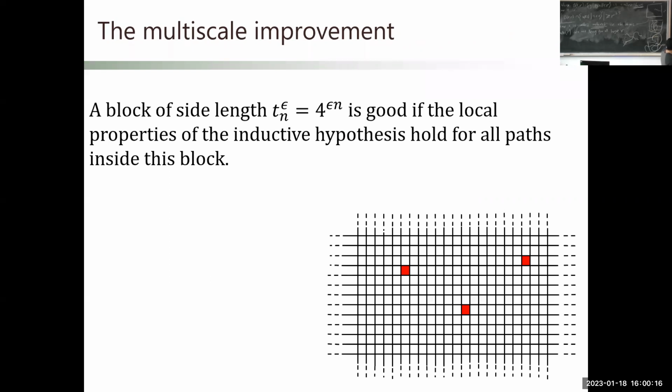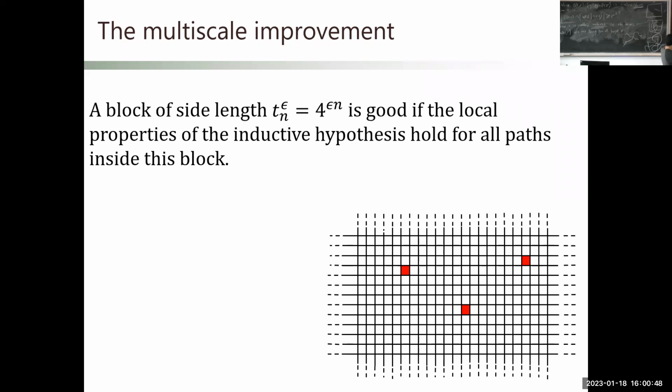A block is called good if all the inductive assumptions hold for all paths inside the block. So here you have a block. It's called good if all these cyclic walks starting from inside the block satisfy the inductive assumption. And what you show is that with really high probability, you don't have a lot of bad blocks. This is how you get the improvement.